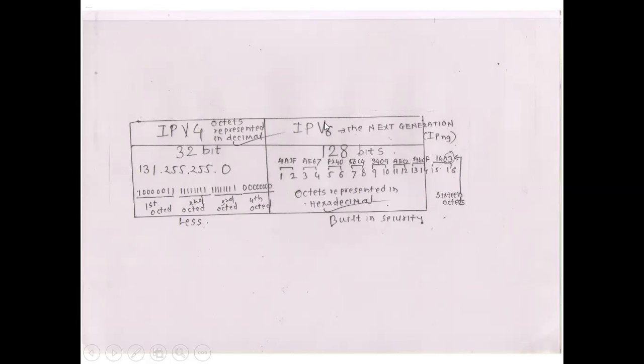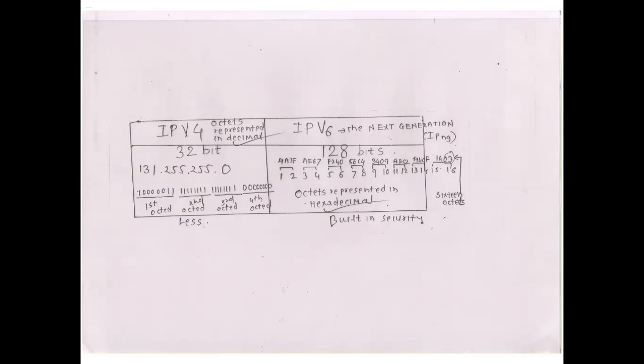Then what is the need of IPv6? IPv6 is known as the next generation IP address. So why is IPv6 needed? Please keep this in your mind. IP version 4 has 2 raised to 32, that is 4 billion IP addresses. If you consider giving one IP address to every person on the earth, according to a Wikipedia survey last year the population was around 7 billion.